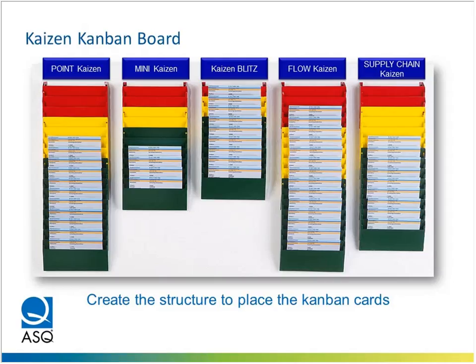This would be your red, the cards that will be put in the red slots. Yellow could be a general efficiency improvement. And green could be the projects that have been deemed to have the highest impact on return on investment. There are many different ways to organize it. The most important thing is to be consistent and to make it visible to everybody in the organization.